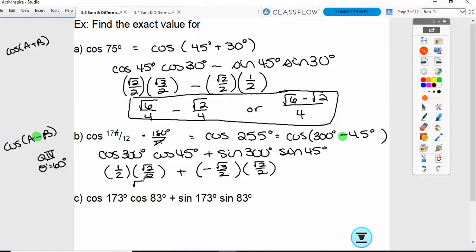So then if we multiply, we get radical 2 over 4 plus negative, or you could put minus radical 6 over 4. Or you could write it as one fraction if you prefer.